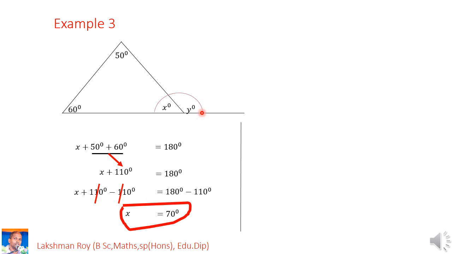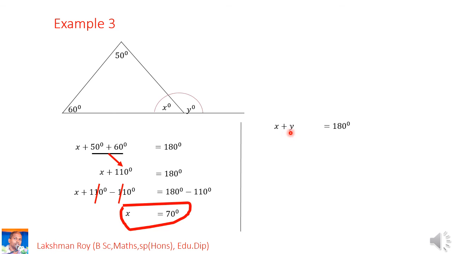Now here this whole angle is divided into two angles, that means the sum of these two angles should be 180 degrees. We write x plus y equal to 180 because the sum of angles on a straight line, right?